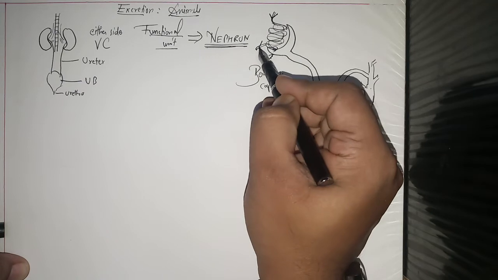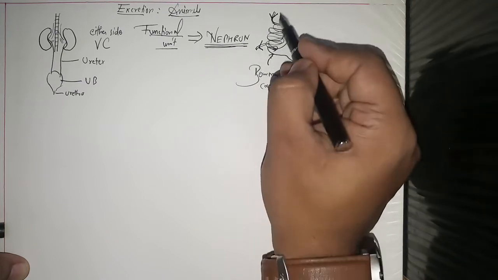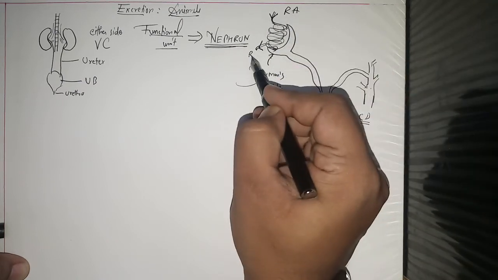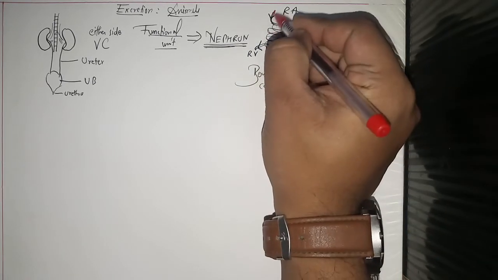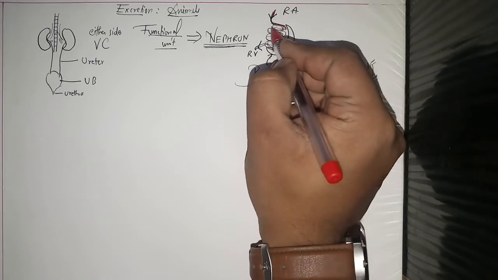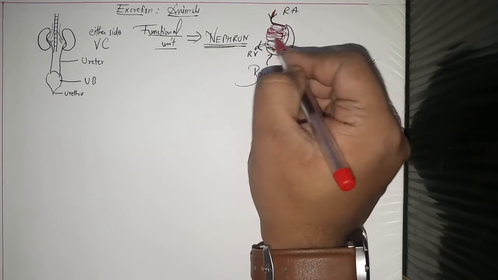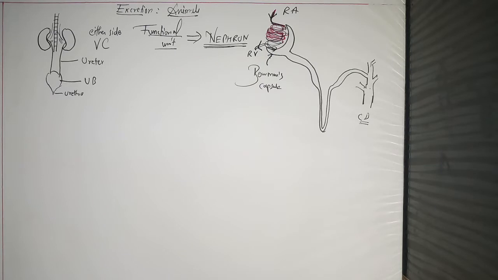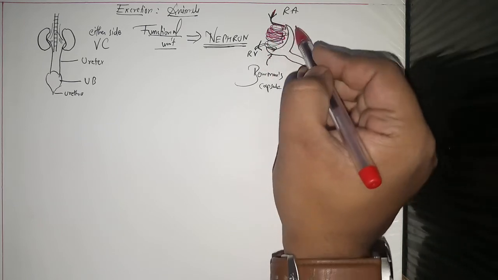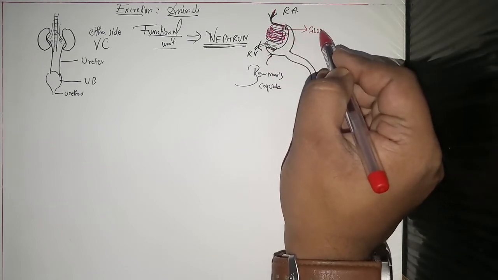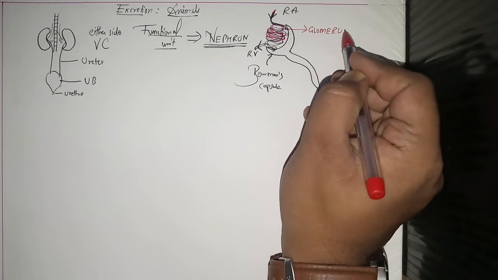One is taking blood out, attached to the renal vein. Arteries carry oxygenated blood. This structure inside this cup, which is a network of capillaries, is called the glomerulus.